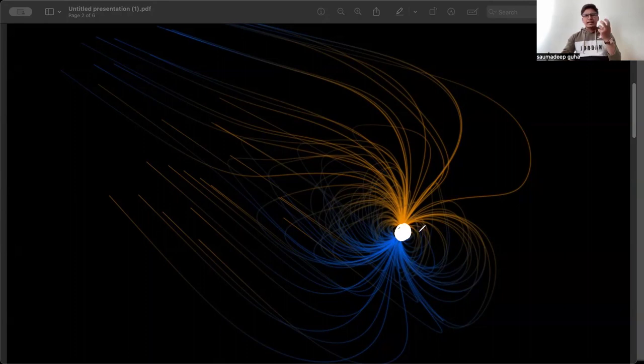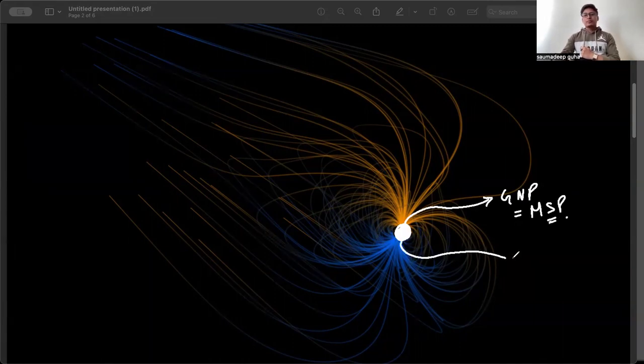Since this part is the geographic north pole, it corresponds with the magnetic south pole. Yes, that's correct, magnetic south pole, and therefore this part would be the magnetic north pole, right?